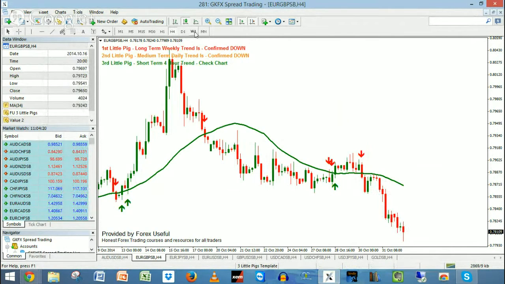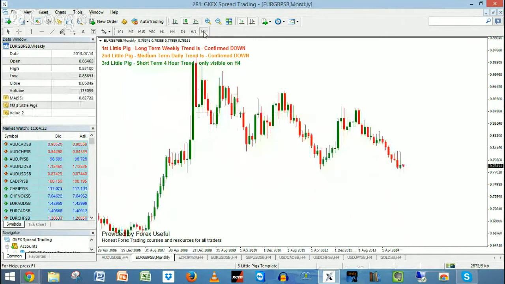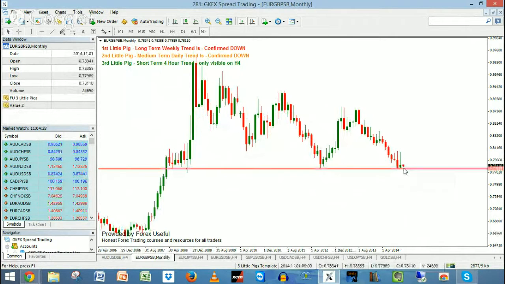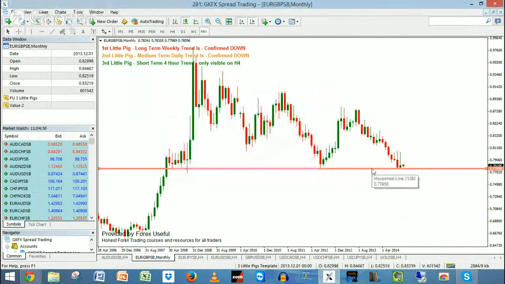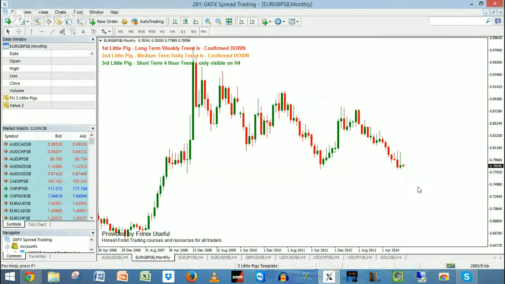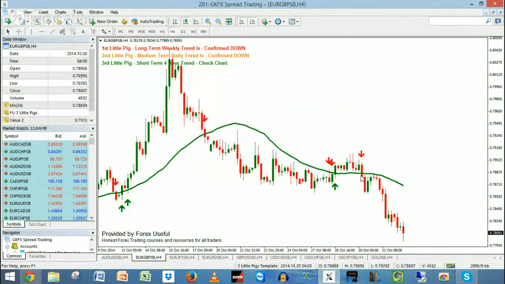So actually we can go to the monthly, and I mentioned if this level can be broken here, there's room for this Euro GBP to, well, there's no support there. There's nothing stopping it heading south from here until we get down to at least the 700 level. So there could be some nice trades ahead for us, and luckily we're involved here. Nice tight entry, so hopefully we can see this fall off and make us some nice money.